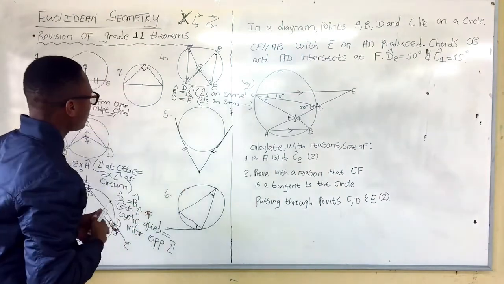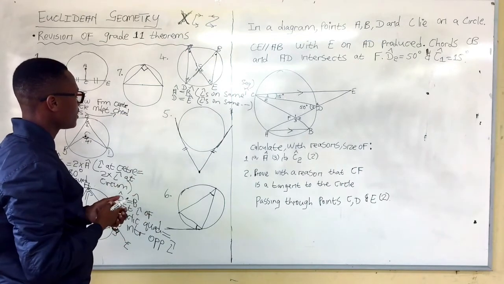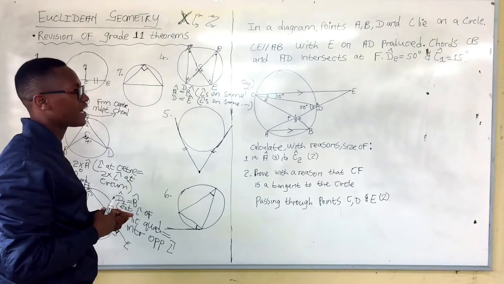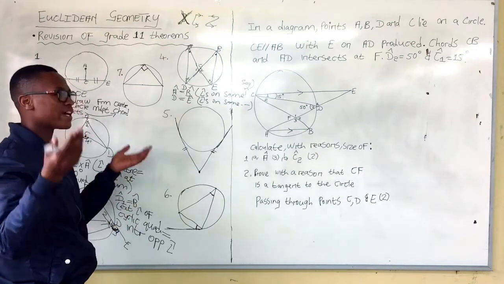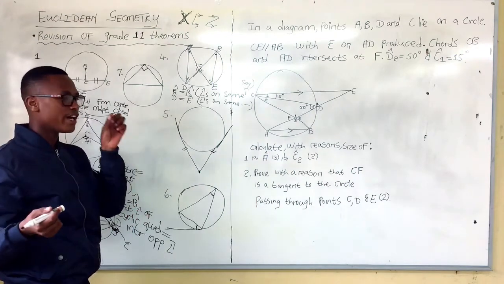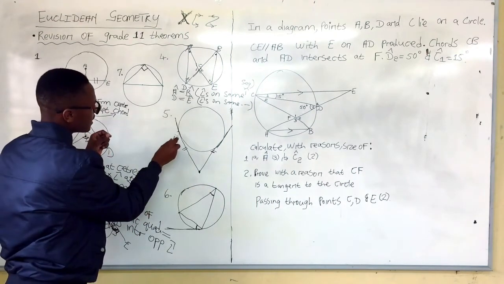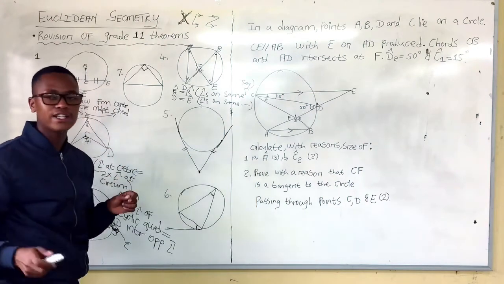And then we go to another theorem, theorem number 5. In theorem number 5, we are looking at the tangent. We all know that a tangent is a line drawn outside of a circle, and that line only touches the circle at one point. So that line we call a tangent.